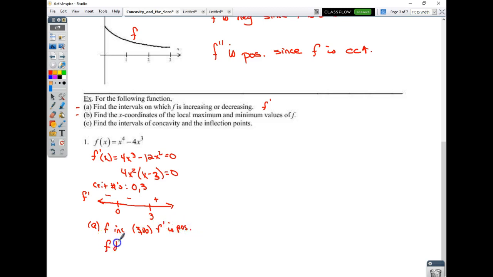And f is going to decrease. Now you could say this two different ways. For the sake of laziness, I'm going to say from negative infinity to 3. Technically, I could say from negative infinity up to 0 and then from 0 to 3. Both are going to be acceptable answers. And in this case, it's because f prime is negative.